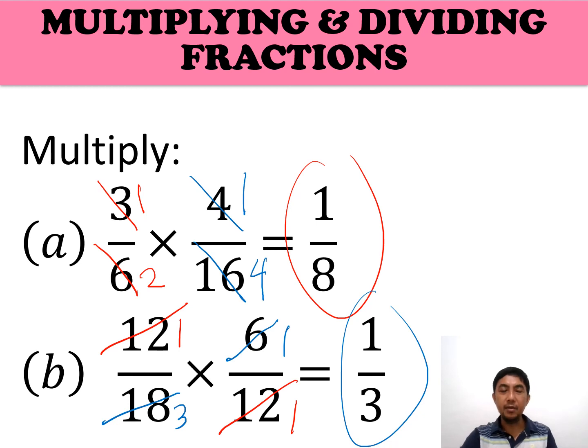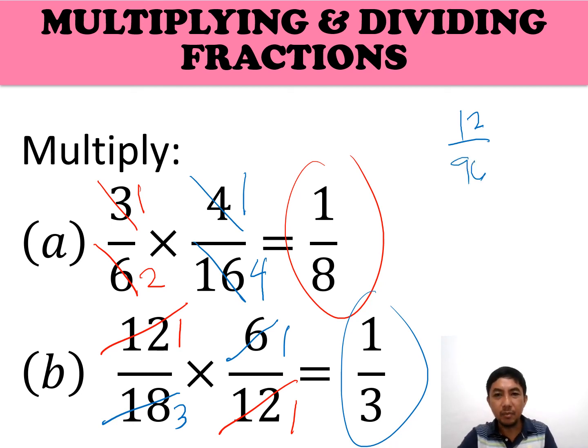Okay? Now, you may ask, pwede bang i-multiply kaagad saka mag-simplify? Well, of course, pwede yon. For example, sa letter A, you can have 3 times 4 is 12. 6 times 16 is actually 96, di ba? 96.